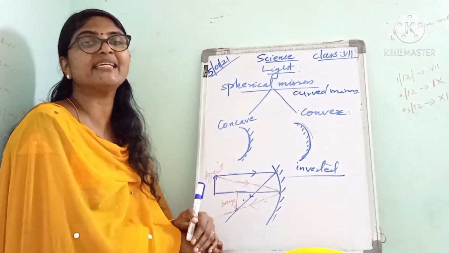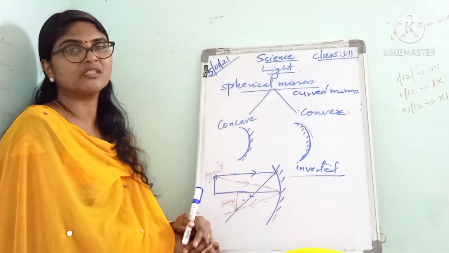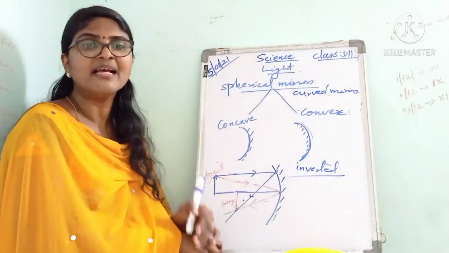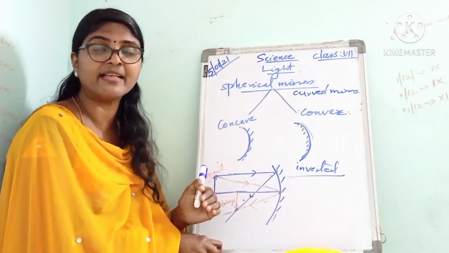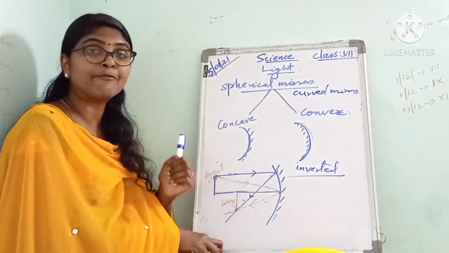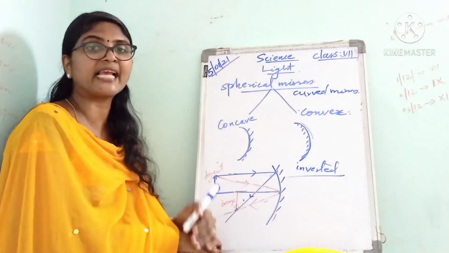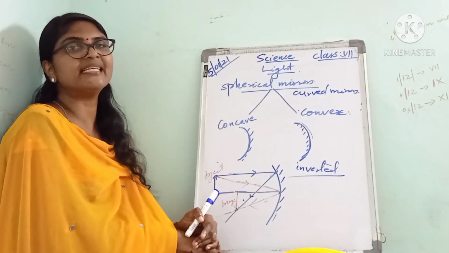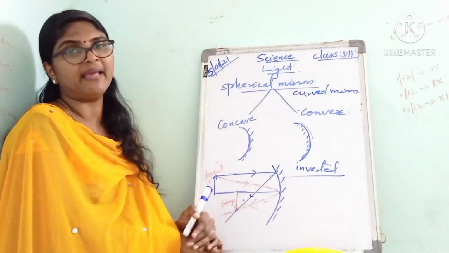Only when the reflected rays are extended backward do we get the virtual image. So concave mirrors can form both real and virtual images.